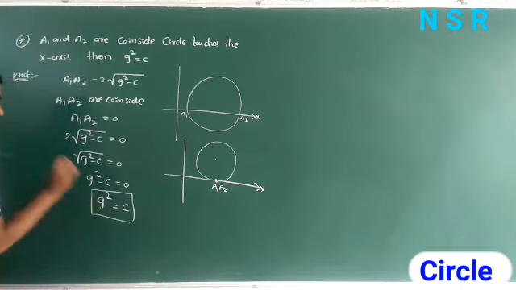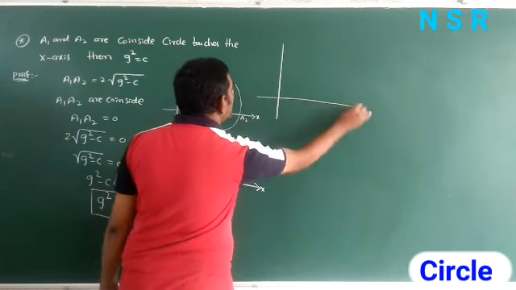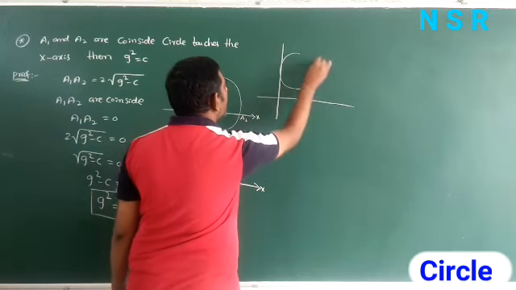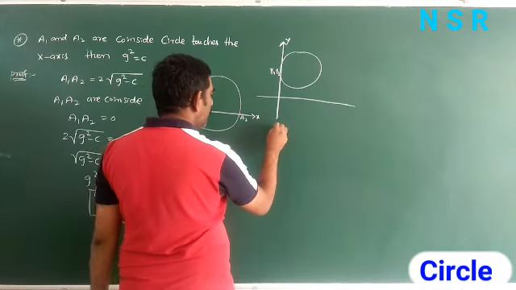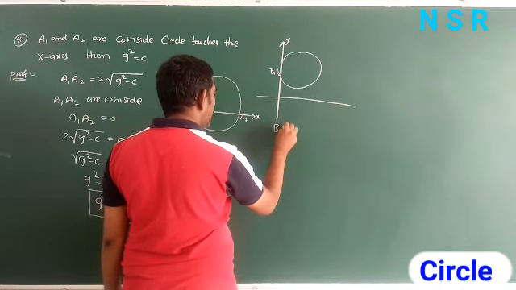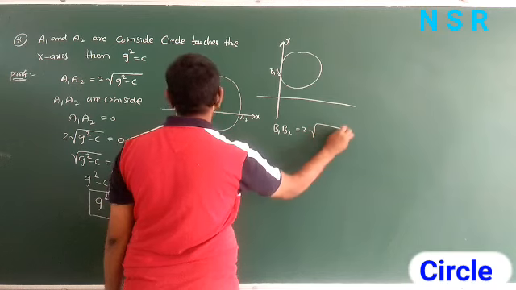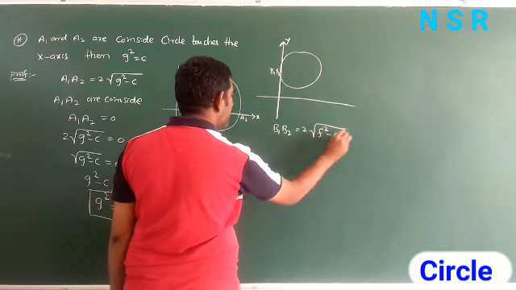Similarly, B1 and B2 coincide and the circle touches the y axis, that is B1 B2. So this is the y axis. Now the intercept made by the y axis is B1 B2, equal to 2 into under root of f square minus c.